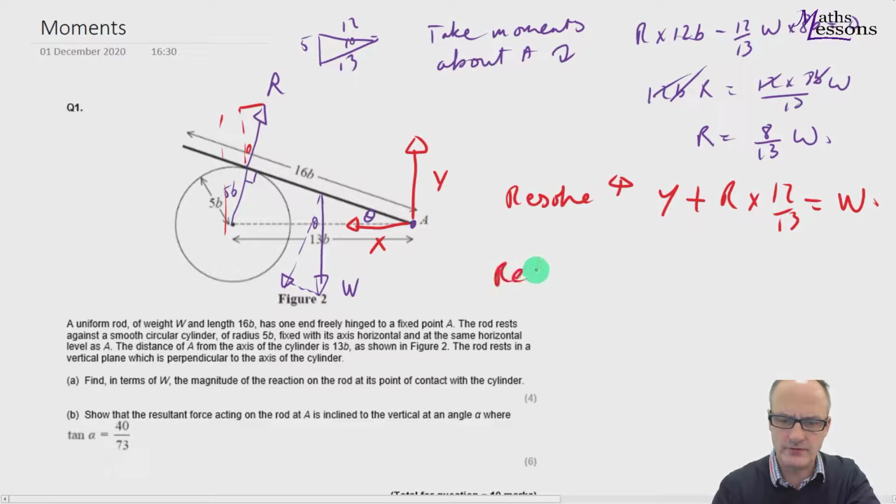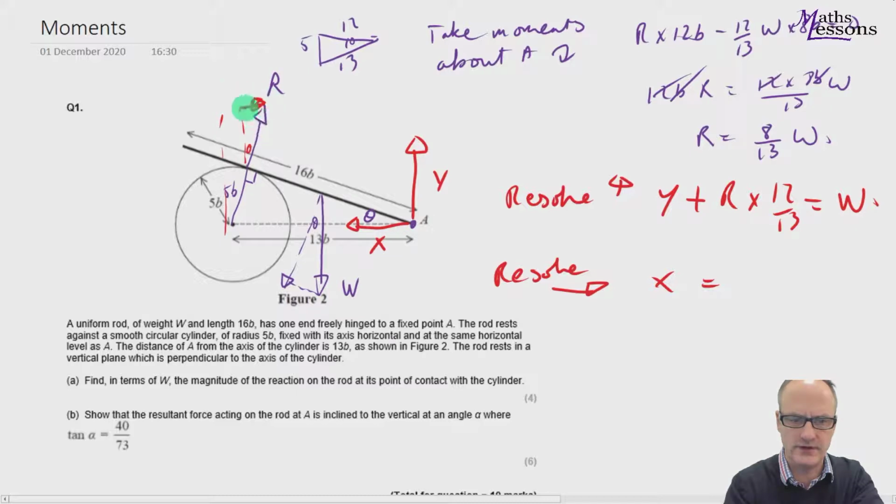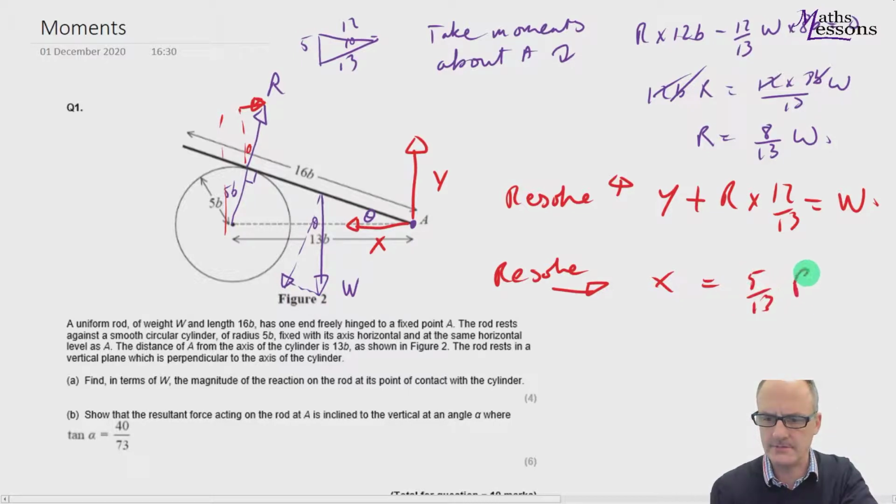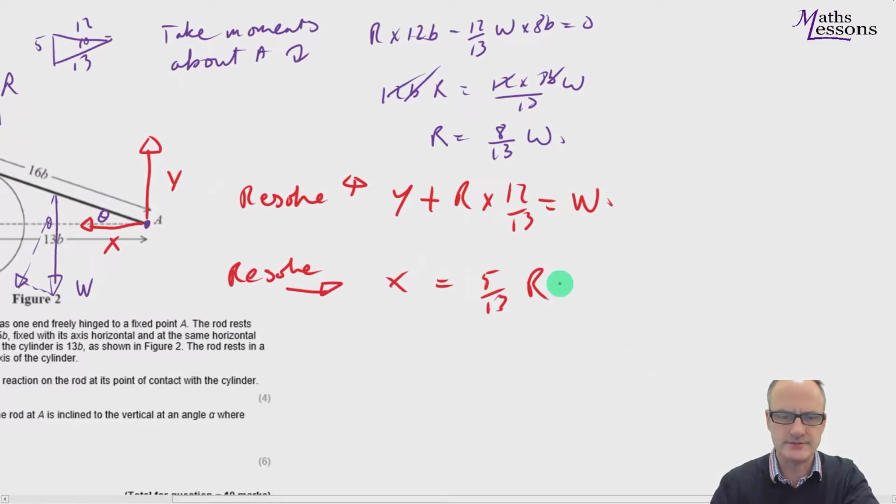We resolve horizontally. Okay, we've got X will equal the horizontal component of R here, which is going to be sine theta lots of R. And sine theta lots of R is going to be 5 over 13 lots of R. Now, we just bring this across a bit.